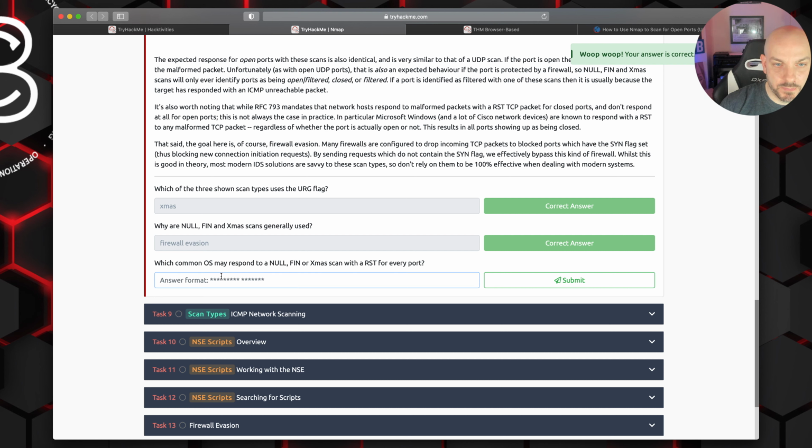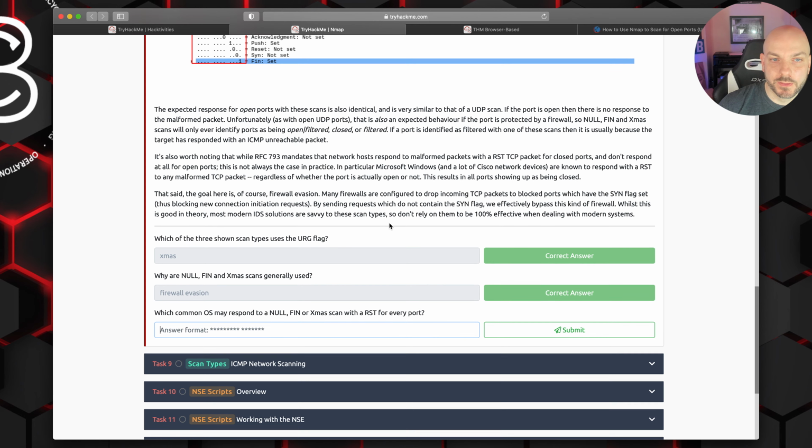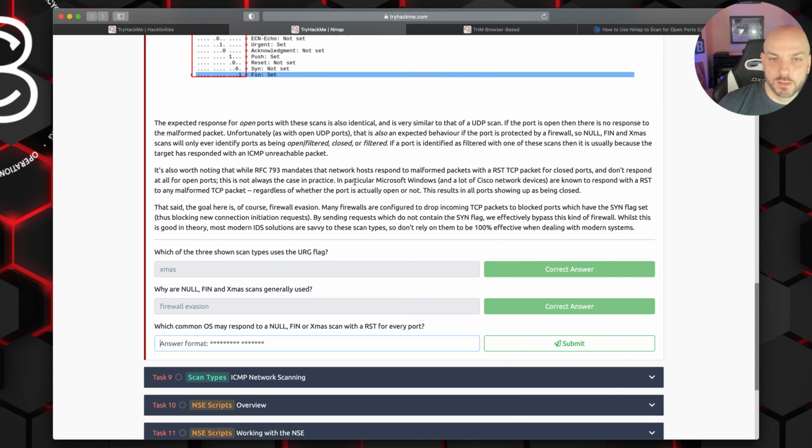Which OS may respond to null, FIN, or Christmas scans with a reset for every port? That sounds like a Windows thing to me. Let's see if I missed reading that. In particular, Microsoft Windows and a lot of Cisco networking devices are known to respond with a reset to any malformed TCP packet. Yep. Microsoft Windows.